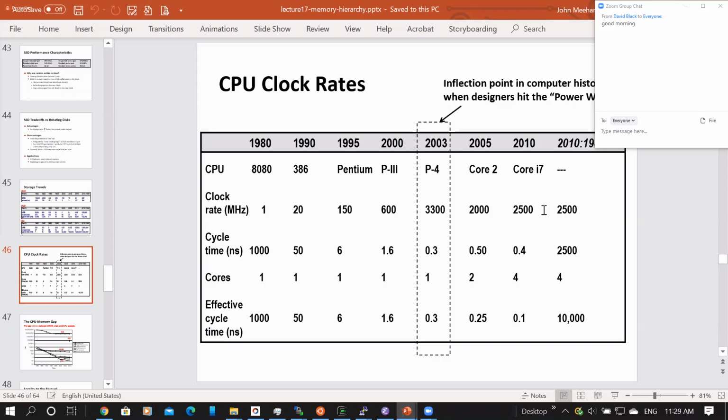You can get some current processors that'll ramp up into the 3 gigahertz range, but that's usually in what they call turbo mode. The normal mode of running the chip is at a lower clock rate, using less power, dissipating less heat.